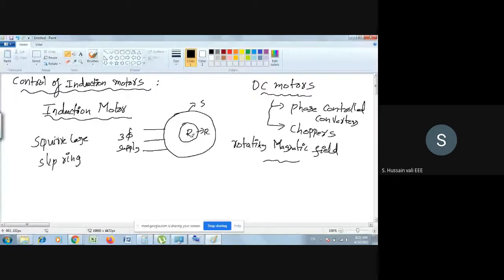In the squirrel cage, they are directly shorted, whereas in the slip ring, you can connect an extra resistor to enhance the performance of your induction motor. In both cases the rotor circuit is closed, so the EMF induced in the rotor will produce current in the rotor circuit.